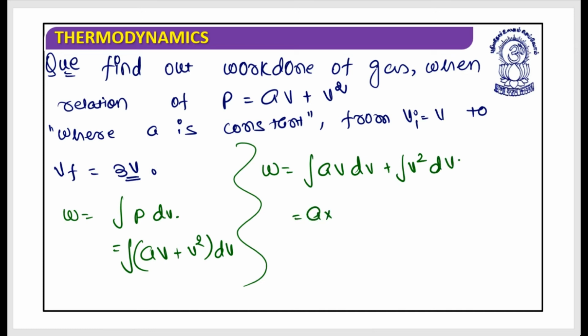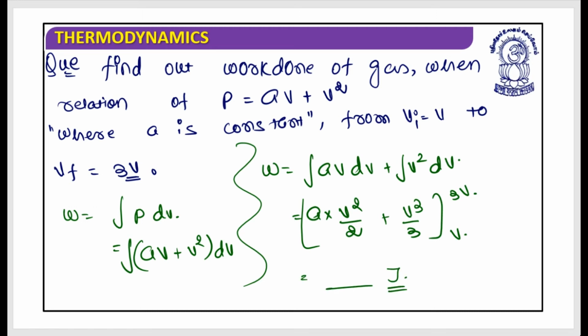So this is equal to A into V square by 2 plus V cube by 3. Then I need to put in the limits, V to 3V, and get the answer in joules. I hope this is clear. So this can be done easily. Great.